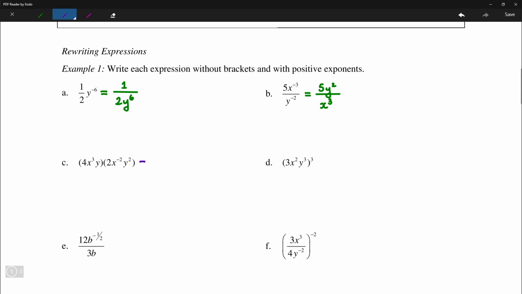So 4 times 2 is equal to 8. We have two powers of the same base of x being multiplied together, so we can add their exponents. So that will be 3 plus negative 2. And then likewise for the y, we have 1 plus 2. So we end up with 8x and then y cubed.